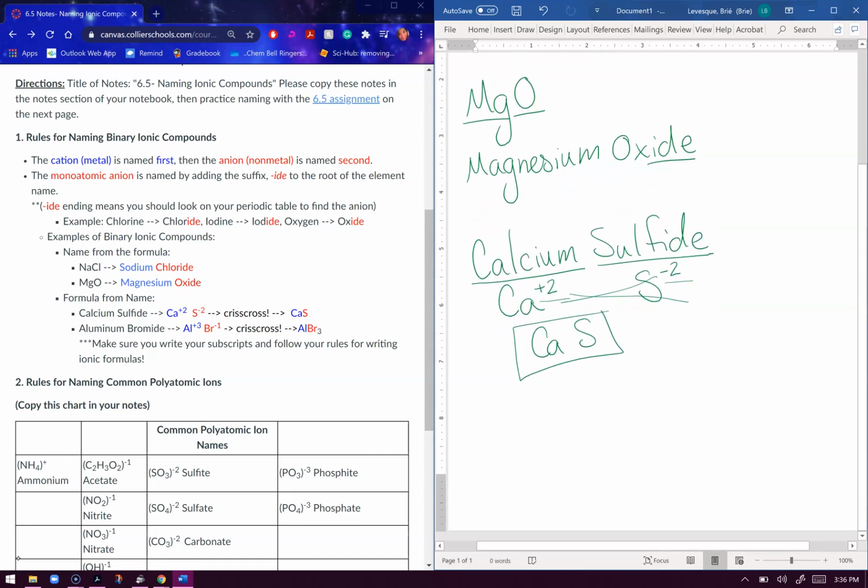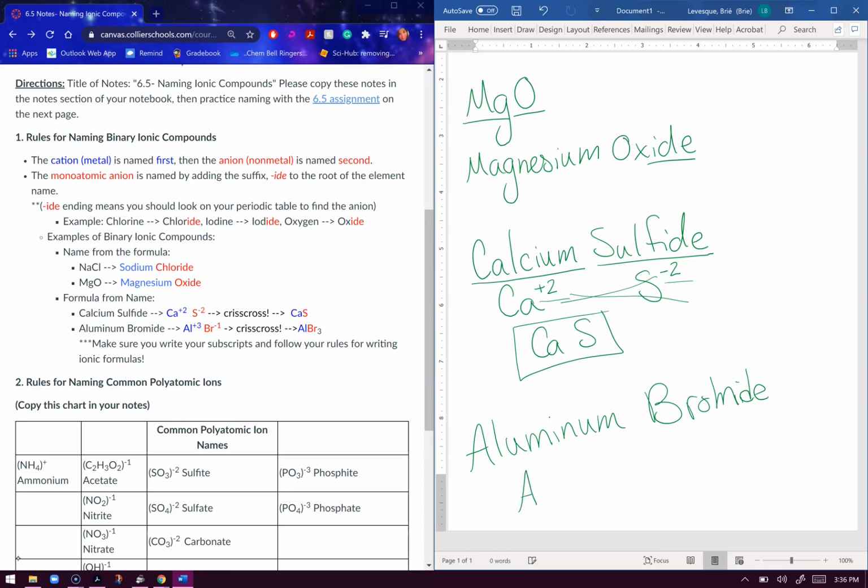I'll do it again for aluminum bromide. Aluminum is symbol Al. And bromide, we're going to drop that IDE ending, is most likely going to be the element bromine. So we go to our periodic table, we find our charges.